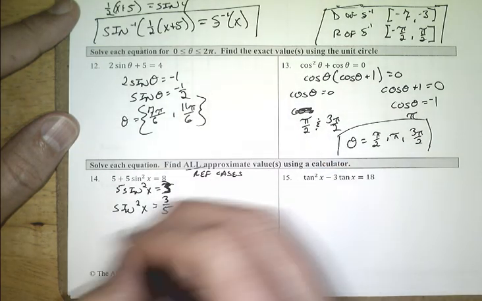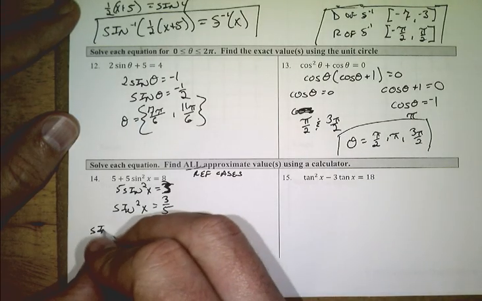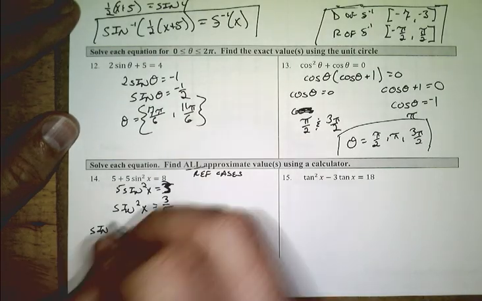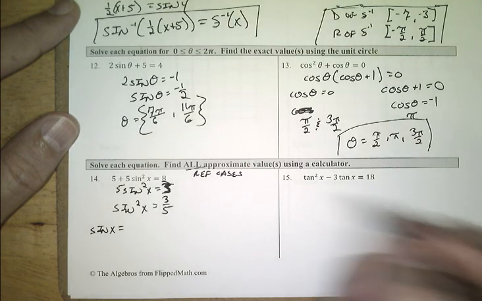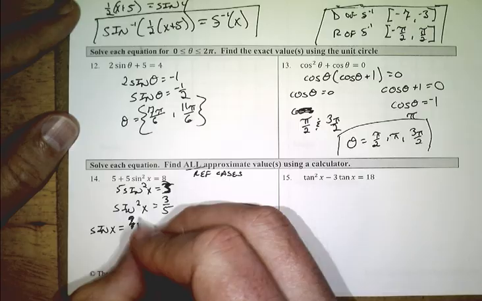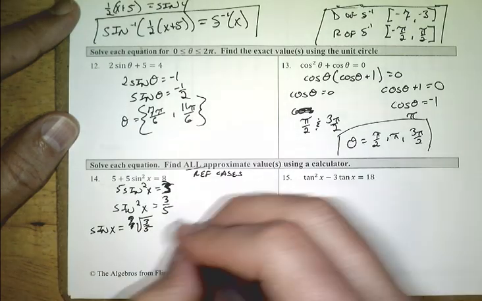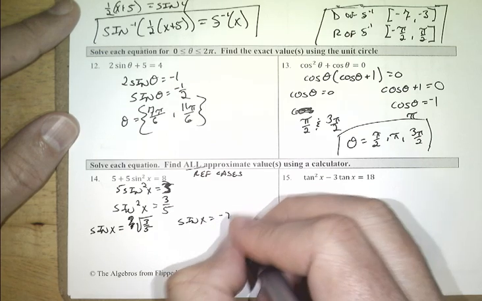Square root both sides and you end up with two cases. You have sine of x equals square root of 3/5, and you'll have sine of x equals negative square root of 3/5.